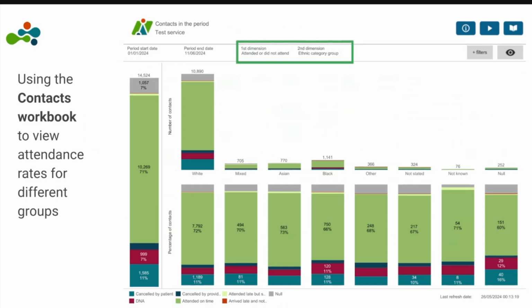Similar to when we looked at recovery earlier, each bar is broken down by the first dimension, the attendance reason, and then you get a different bar for each of the second dimensions. So we can very quickly look at all of the different kinds of attendance for all of the different ethnic categories across the selected period of time.